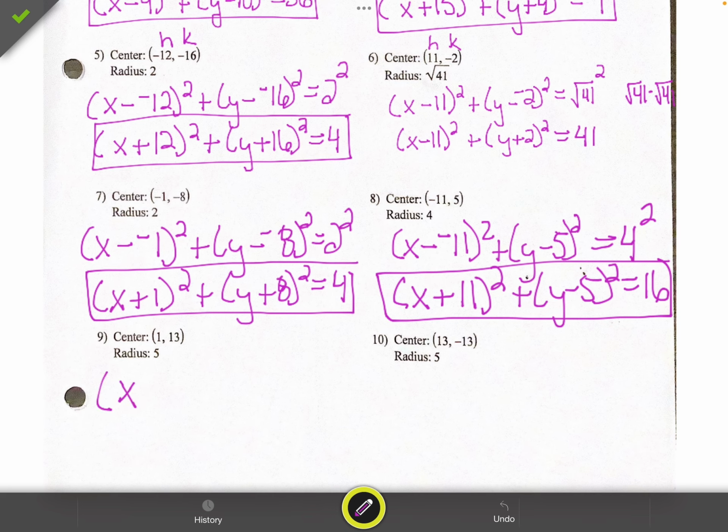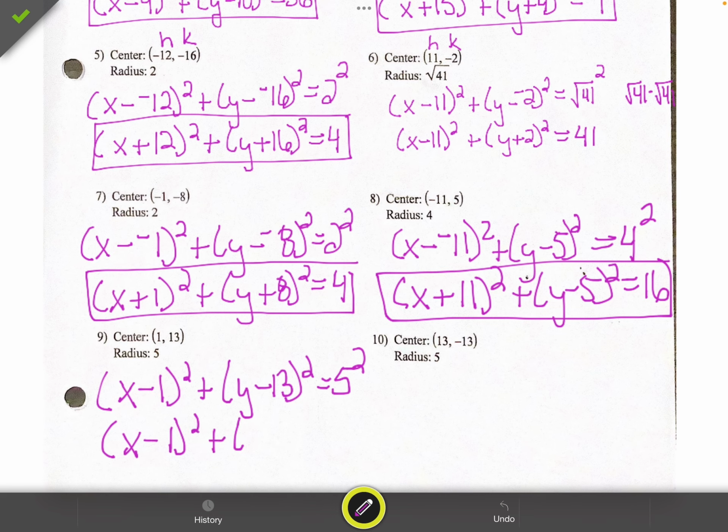Number 9: x minus 1 squared plus y minus 13 squared equals my radius squared. Only thing we need to take care of in this one is the 5 squared. So 5 squared is 5 times 5, so that's 25.